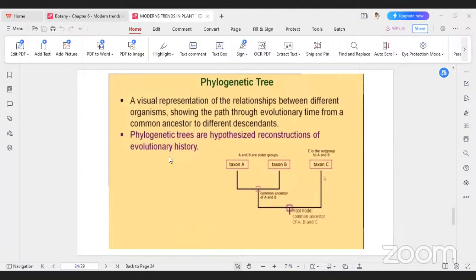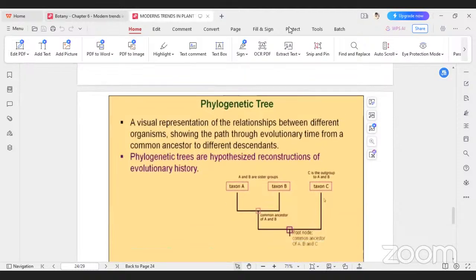Here is the root node. Here is the given common ancestor of A, B and C. This is the root node.